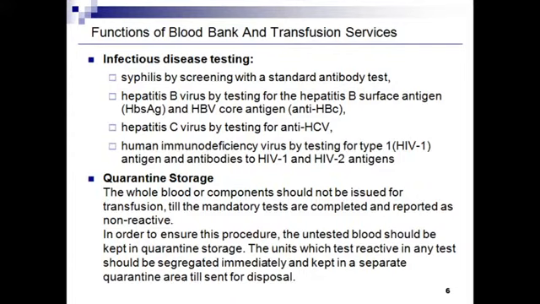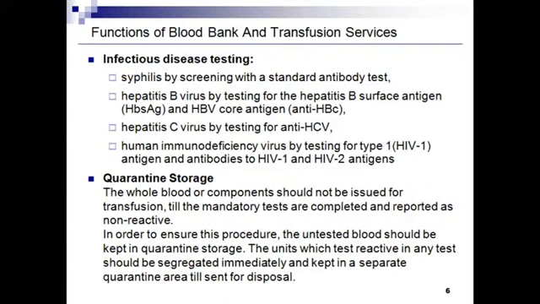Before the blood portions are ready for distribution among the clinical hospitals, they should be under quarantine storage. Quarantine storage is when the whole blood or blood components should not be used for transfusion until the mandatory tests are completed and reported as non-reactive. The tests must be negative. The blood components and blood portions should not contain infectious pathogens.